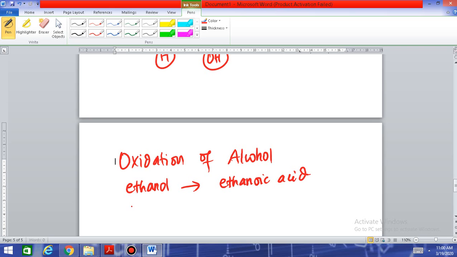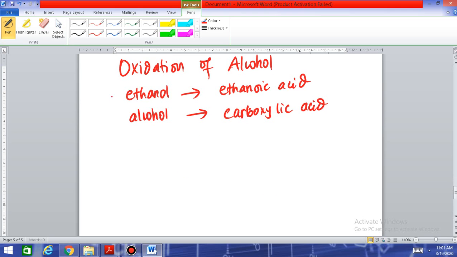So once again, alcohol is oxidized into carboxylic acid. When ethanol is oxidized, ethanoic acid is produced.